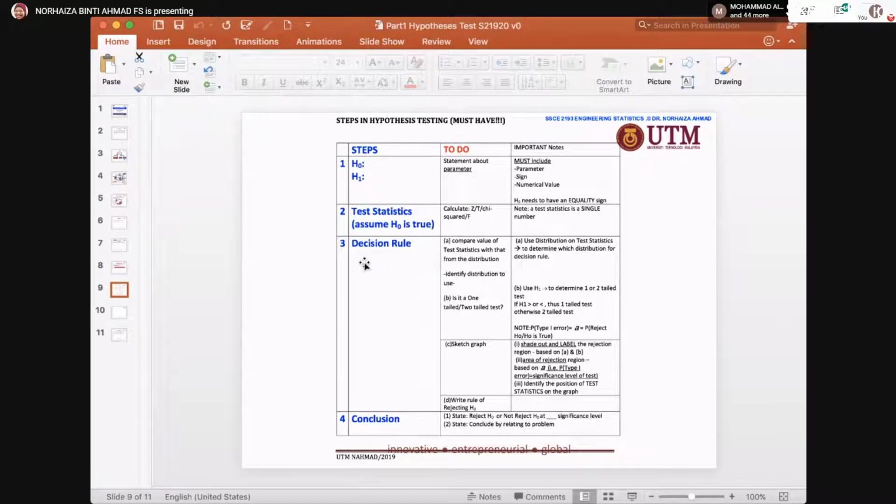The third step is to decide how we are going to reject or not reject the hypothesis. For example, if you go to court, if somebody is suspected of doing something wrong and is sent to court, the judge will measure the severity of his alleged behavior.